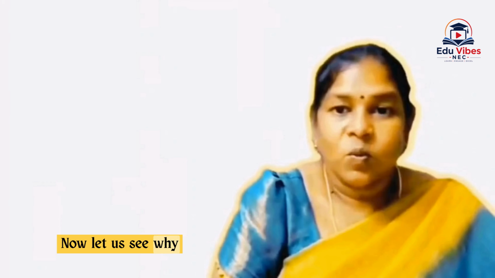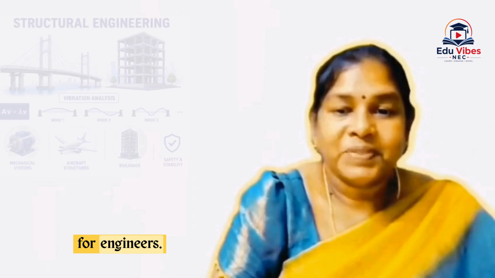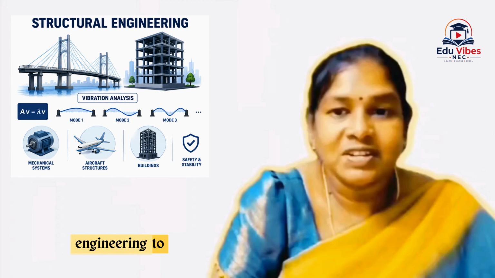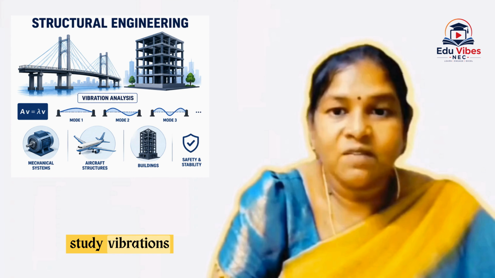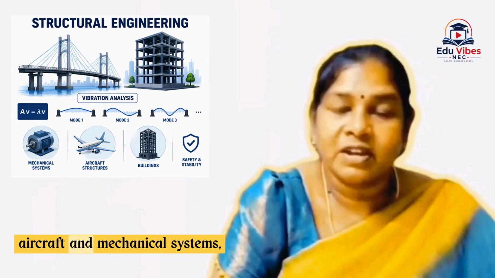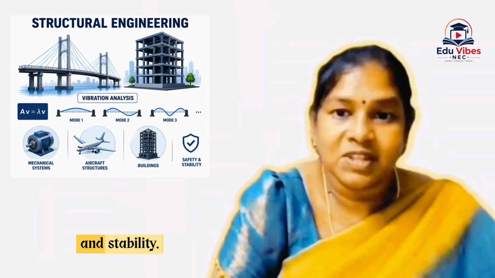Now let us see why linear algebra is important for engineers. Eigenvalues and eigenvectors are used in structural engineering to study vibrations in bridges, buildings, aircraft, and mechanical systems, ensuring their safety and stability.